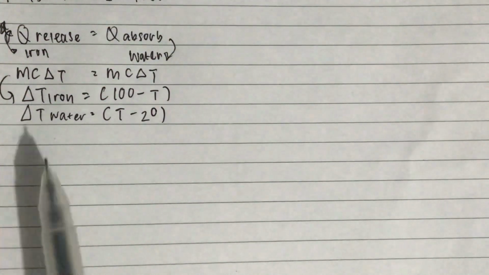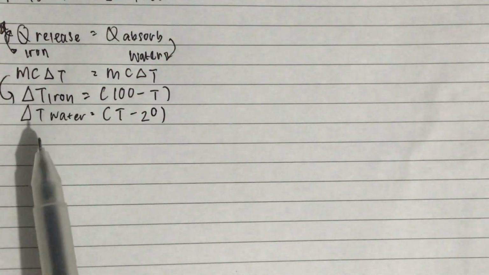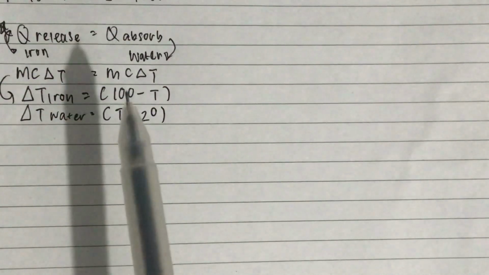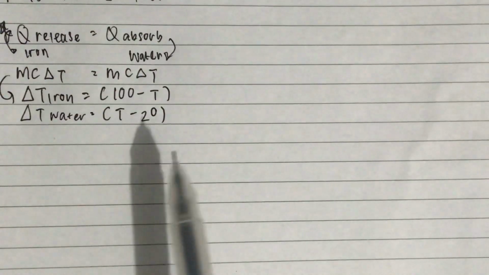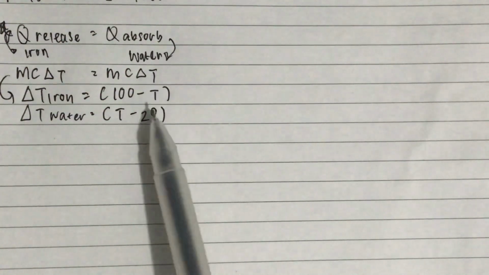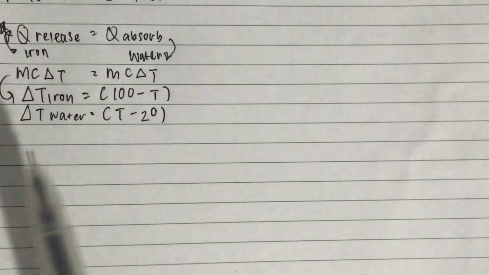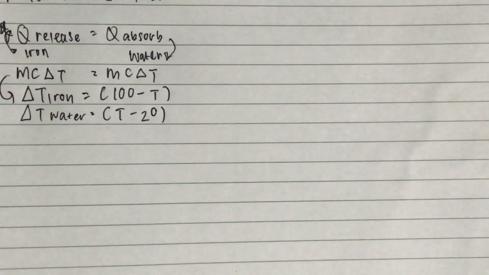So here it is, the change of temperature of iron and the change of temperature of water. For iron, it's 100 minus T, and the water is T minus 20 degrees Celsius, because T is the final temperature, and T is in the middle of the hotter substance and the colder substance. So that's that.